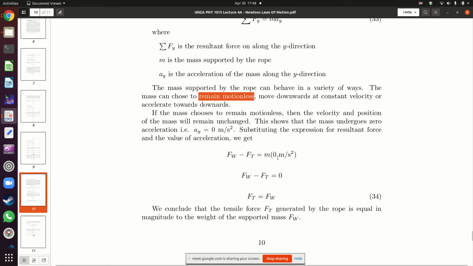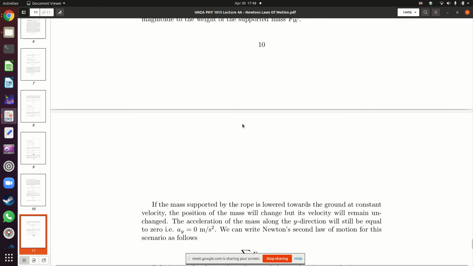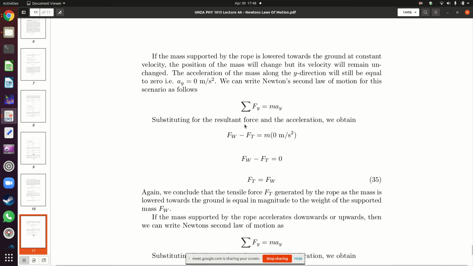Right now we've looked at the case where the mass is motionless. But you can also have a situation where someone decides to lower the mass. For example, if you're on a construction site, so you're a civil engineer building a high-rise building, okay?